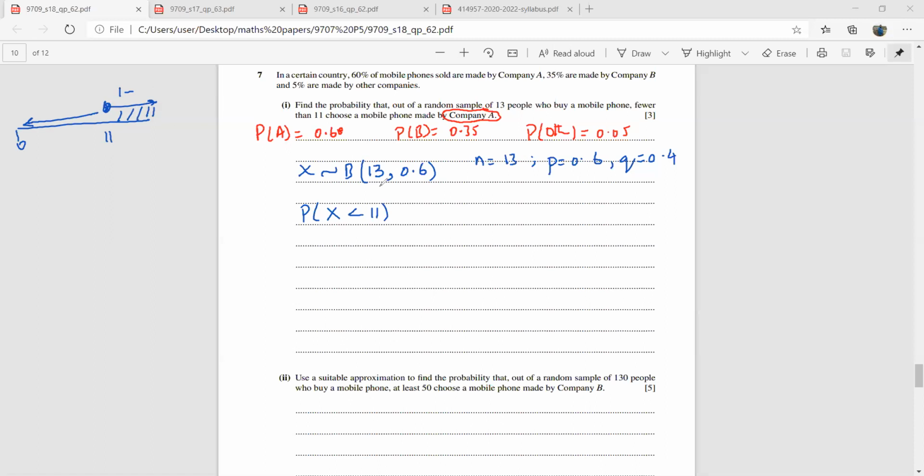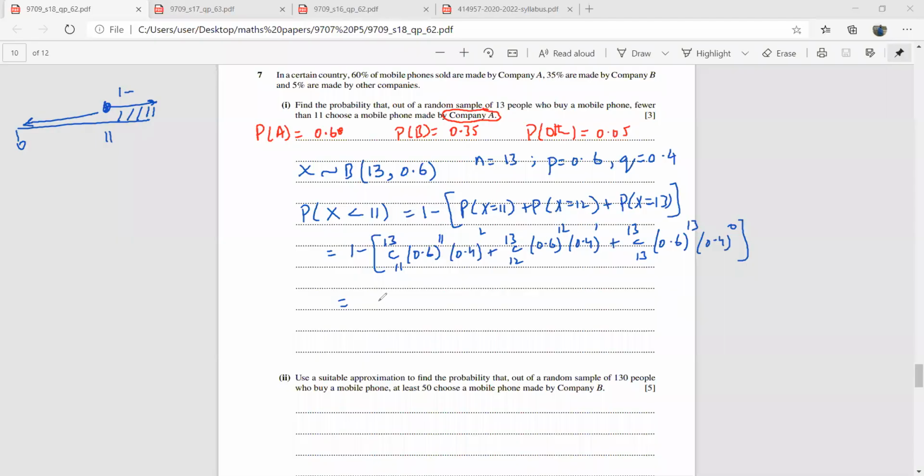I think that is a better option here. We'll do 1 minus the probability X equal to 11 plus the probability X equal to 12 plus the probability X equal to 13. After doing all this working, we get 0.967 correct to three significant figures.